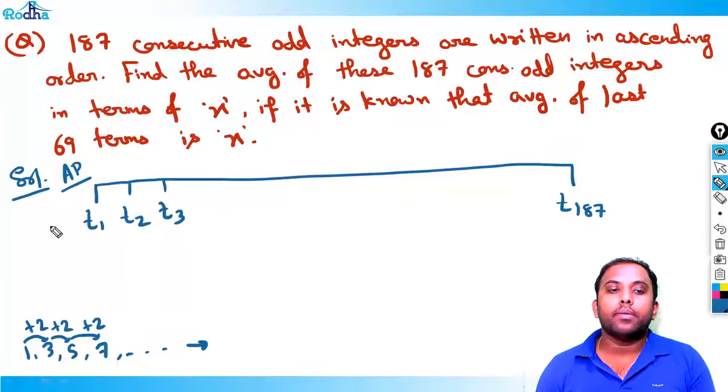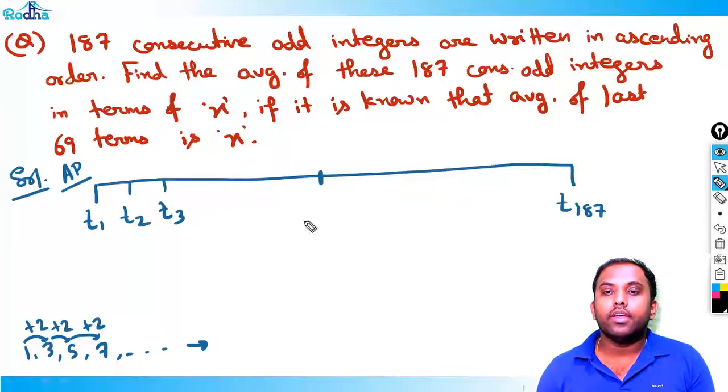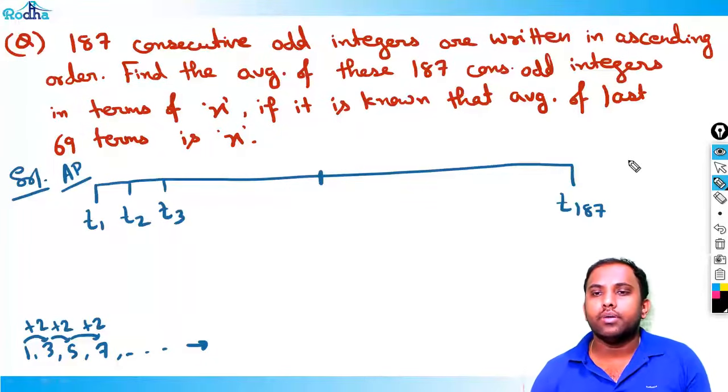Once this series is in AP, average is always equal to the middle term. What is the middle term here? The middle term is always calculated by first term plus last term by 2. So you do not assume anything here. Take the first term as 1 and the last term as 187.